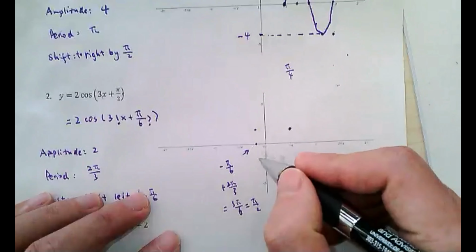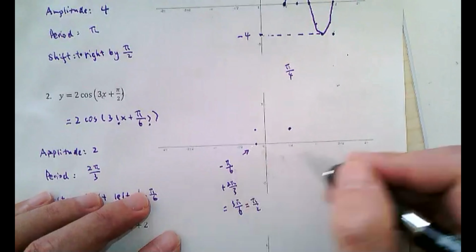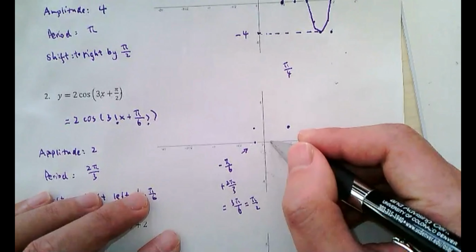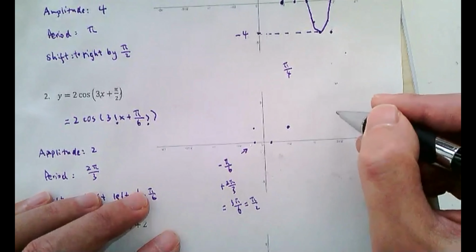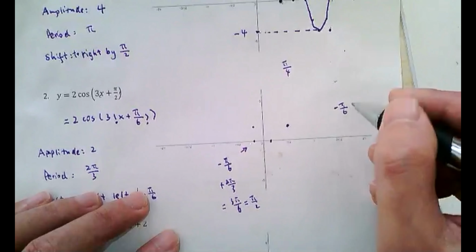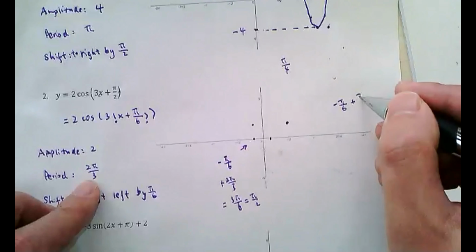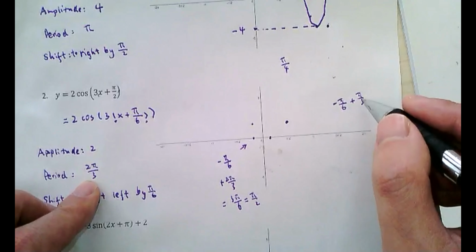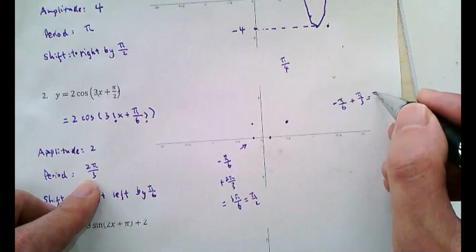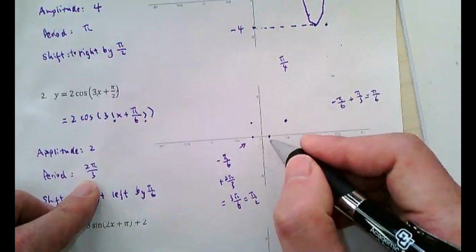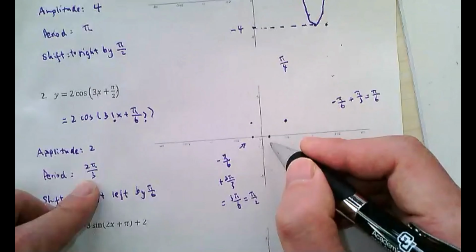The middle way is, what's this middle point's coordinate? So it is negative pi over 6 plus half of the period, which is pi over 3. Pi over 3 is 2 pi over 6, so you eventually get pi over 6. Pi over 6 is here.